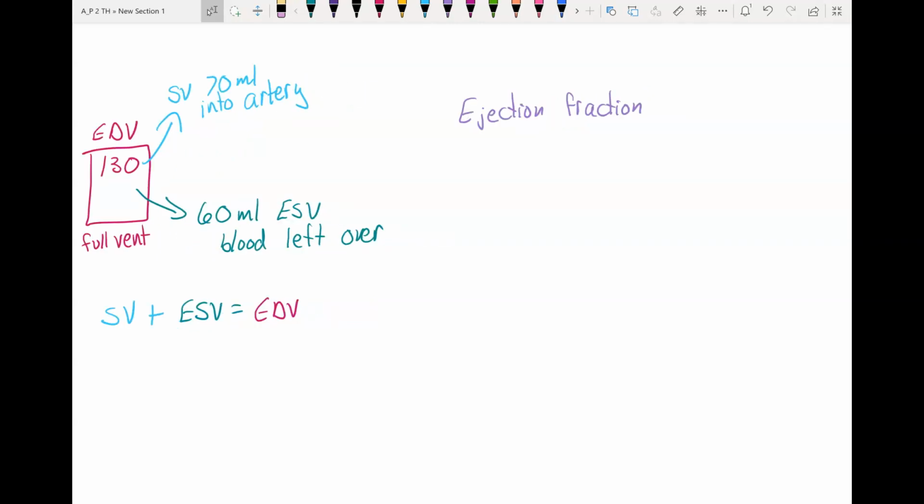The ejection fraction is the percentage of the end diastolic volume, which is, remember, the ventricle when it's full, your full starting amount of blood. It's the percentage of that that makes it into an artery.